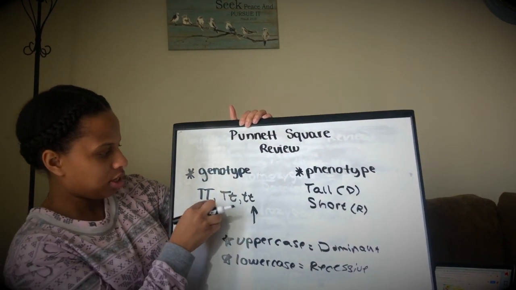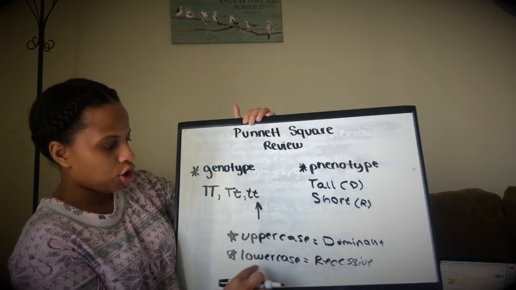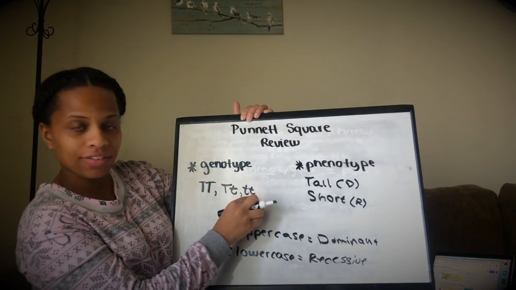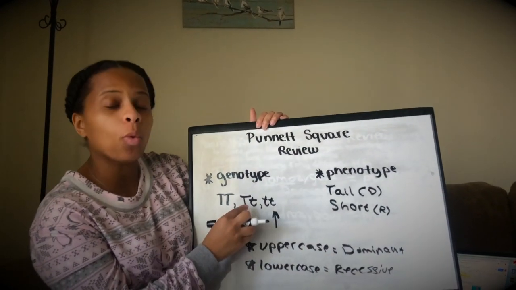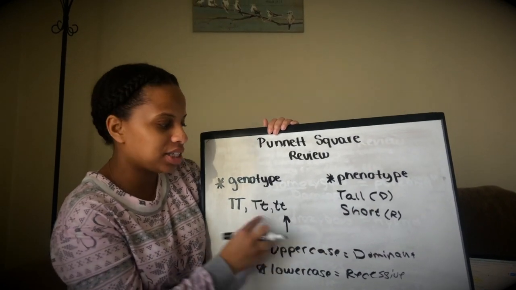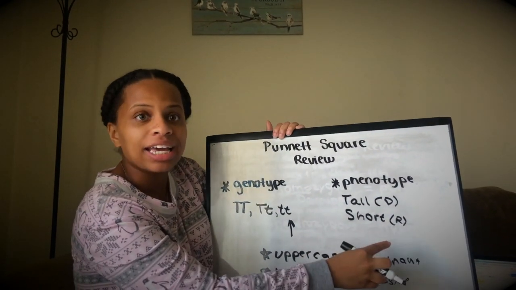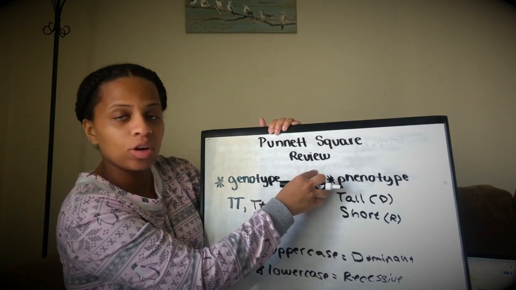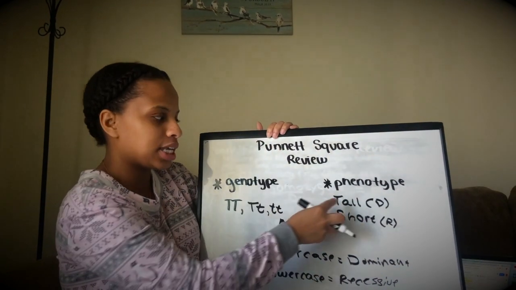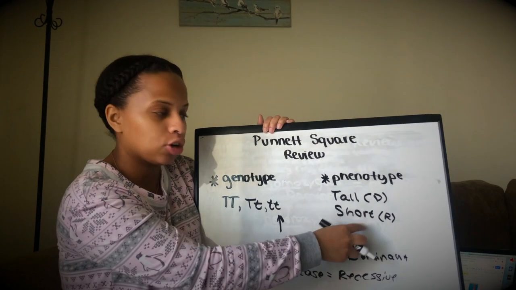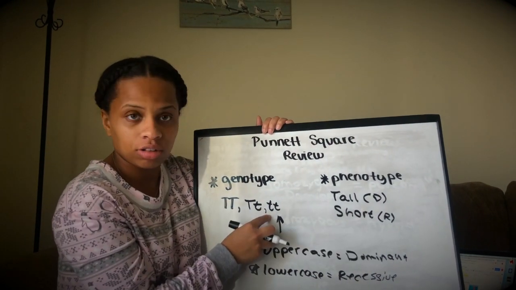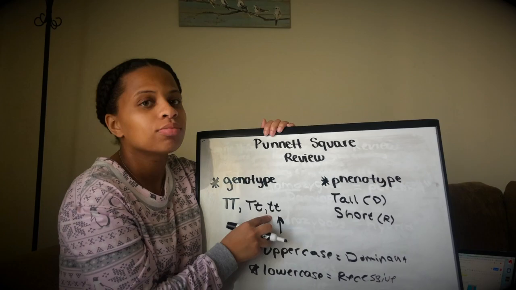Uppercase letters, dominant. Lowercase, recessive. And since we're talking about Mendelian genetics, if you have one capital letter, you're going to express the dominant trait. And the dominant trait for the phenotype, that physical appearance, is going to be tall. Miss Cousins is not tall. So I have the recessive trait. Okay, guys? Good.